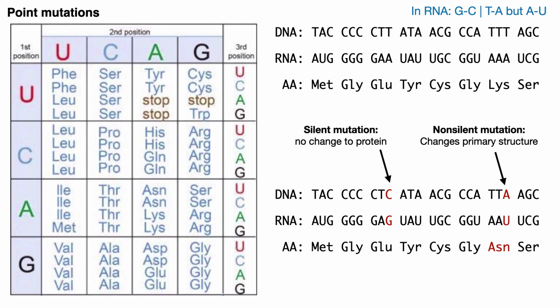On the other hand, a mutation in that second place is what we call a non-silent mutation, where going from TTT to TTA ends up changing the RNA, and now that RNA codon codes for aspartame rather than for what it did before, the lysine. So point mutations may have an effect that will change the structure of the protein, or they might not. That's the difference between silent and non-silent mutations.